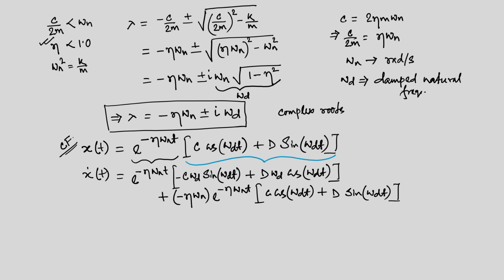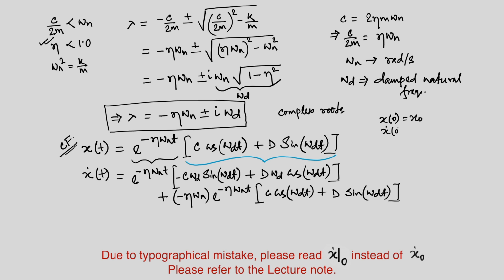So, let us satisfy the initial conditions. For the first condition, x naught, the exponential of minus eta omega n t for t equal to 0 will be 1. In the third bracketed term, the cosine term will be 1, so we will have c here, plus d times sin omega d t, which will obviously come to 0.